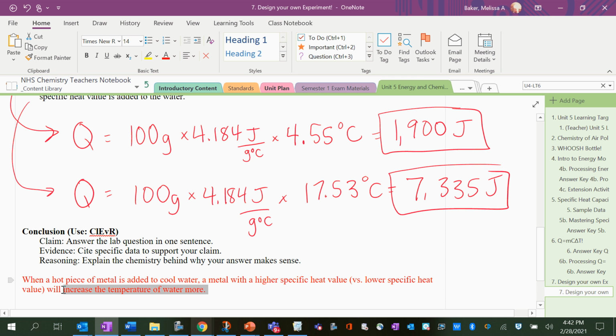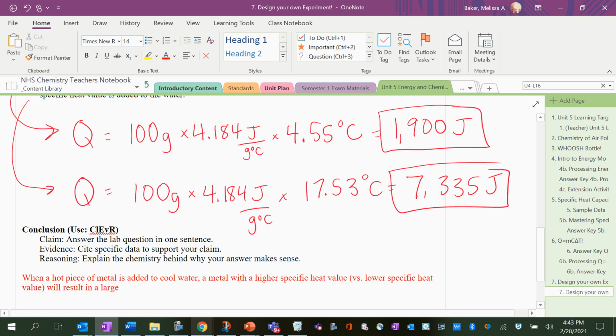When a hot piece of metal is added to cool water, a metal with a higher specific heat value will result in a larger absorption of heat energy by the water.